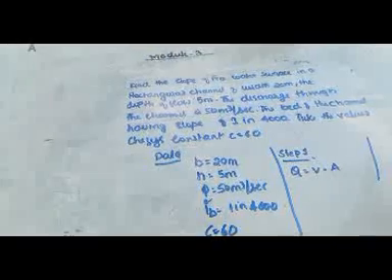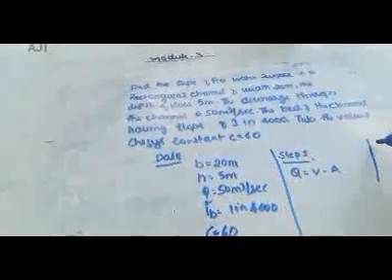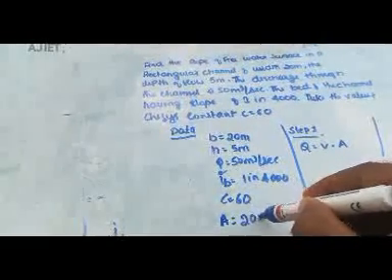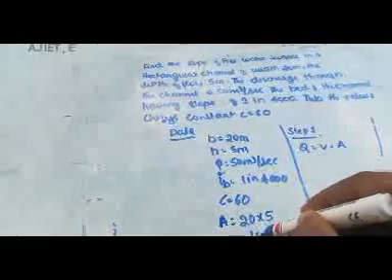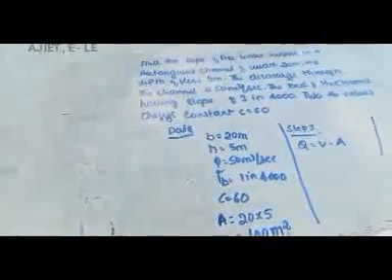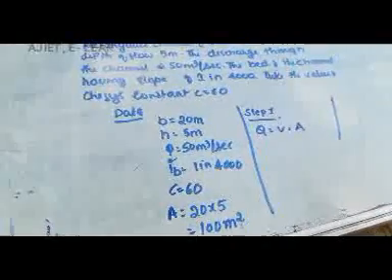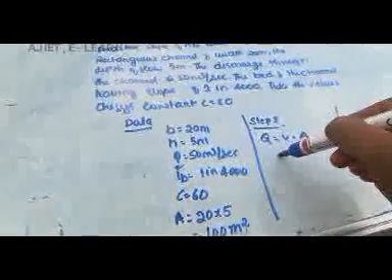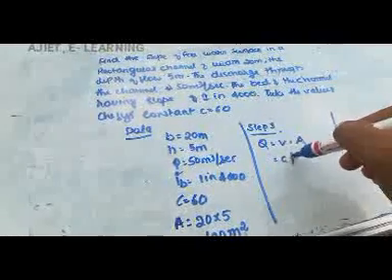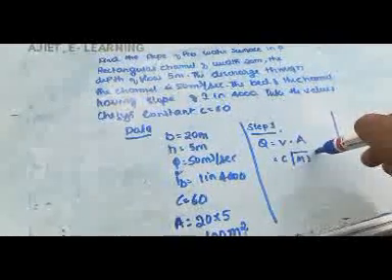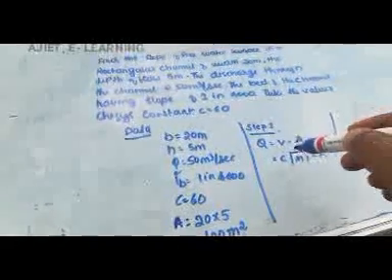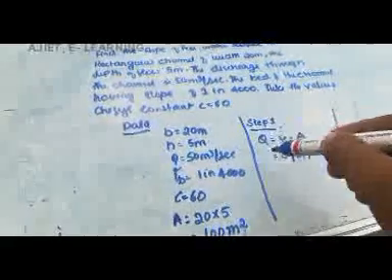So area is equal to 20 into 5, so it's 100 meter square. That we can write here, and Q is equal to V into A. With Church's constant, V is equal to C root of M into IE.